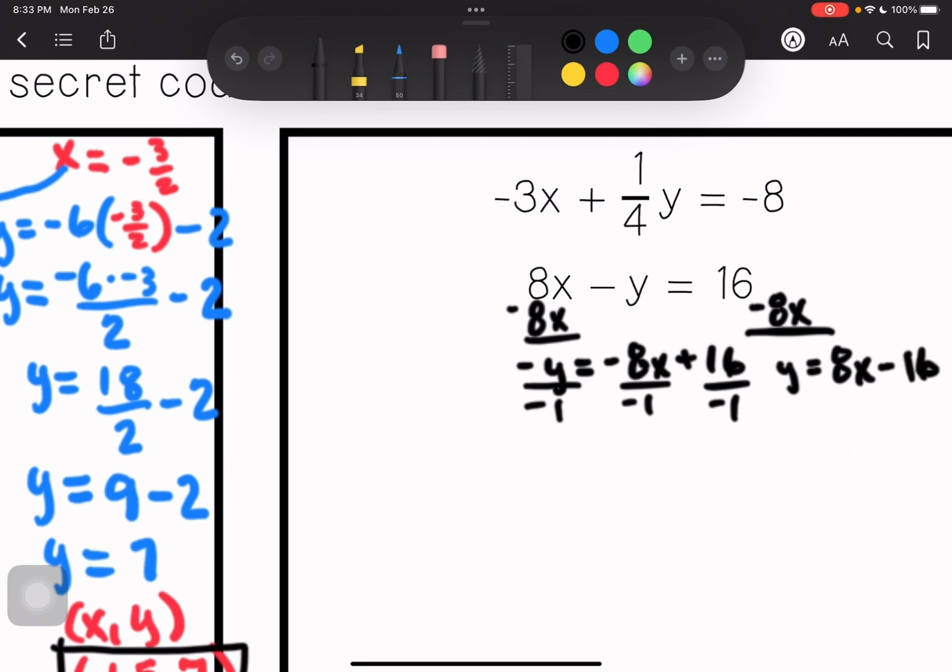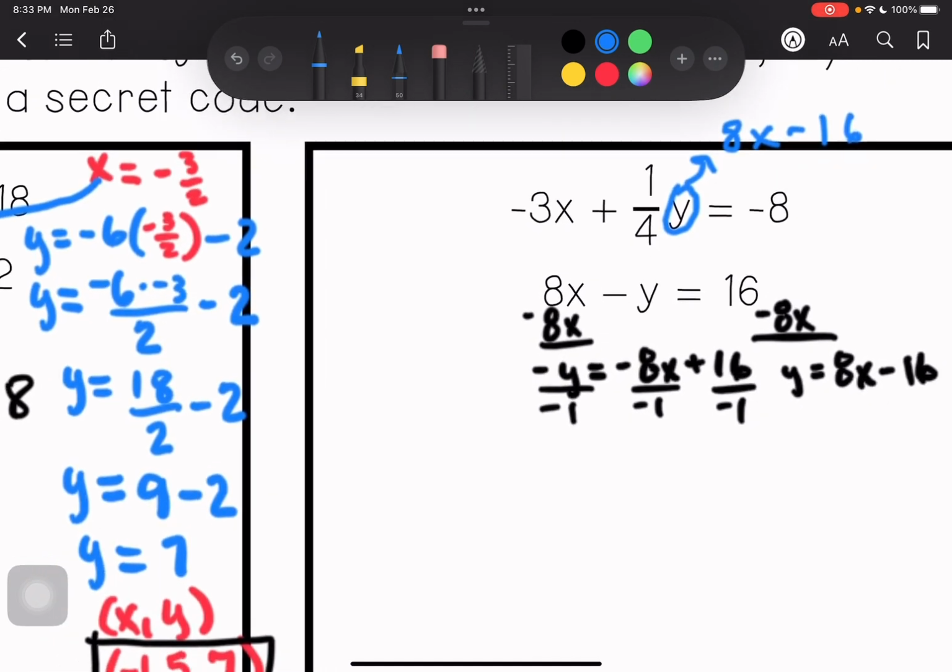So now that I have that for the value of y, I'm going to substitute it back into my original equation, which is this equation here. So in place of y, I'm going to replace this with 8x minus 16. Okay, so I'm going to do that on the side over here.